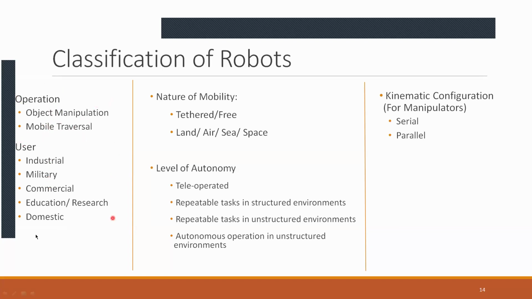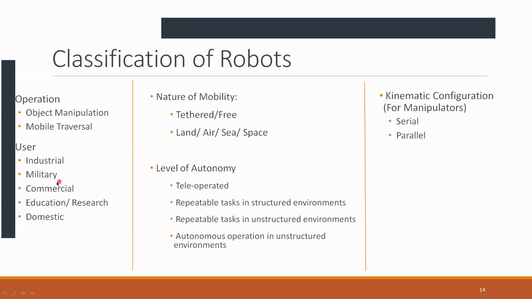Secondly, these can be classified based on who the user is: industrial, military, commercial, education, domestic, and so on. Under industrial classification come all the name-branded industrial robot arms such as Kuka, Fanuc, ABB, and so on, which can be found only in manufacturing sectors.